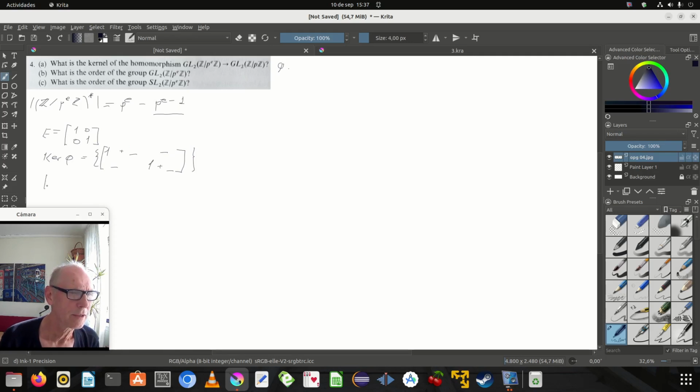So that means that the number of elements in it is p to the fourth, and then the order of the group itself.